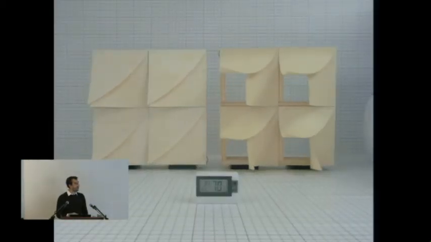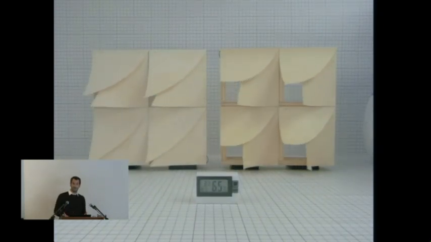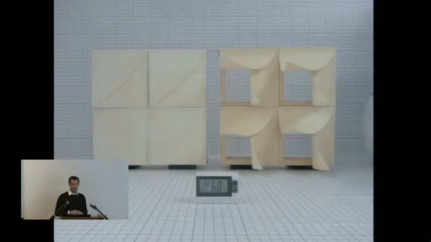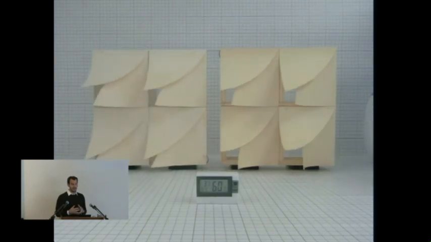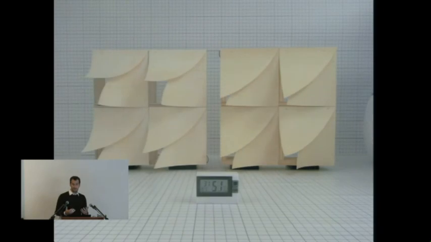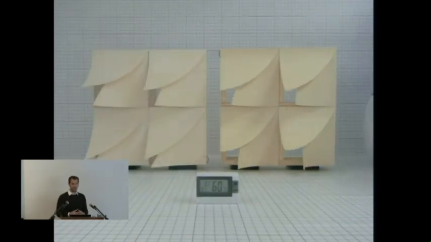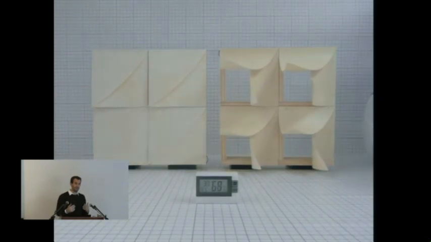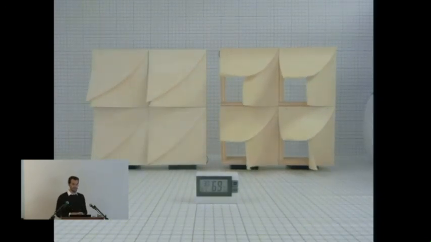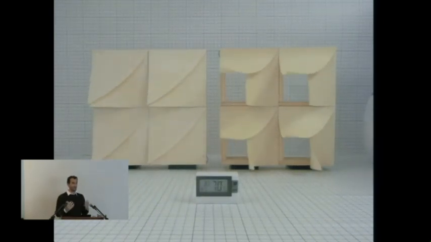So for example, and that's something you can quite nicely see in this video, when relative humidity rises from 50 to 70%, the initially closed elements on the right will open, while the ones on the left actually close. So exposed to exactly the same environmental changes and constructed from exactly the same materials, the two pieces can be physically programmed to respond in exactly the opposite way.